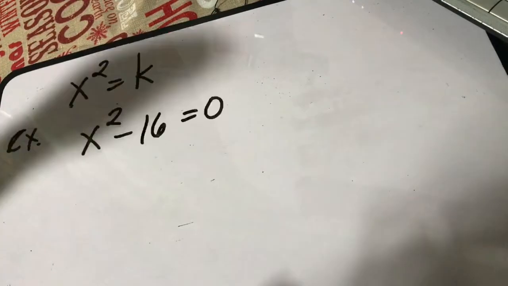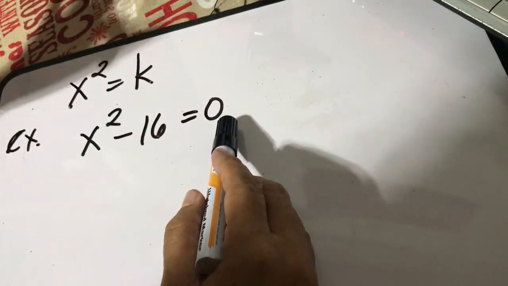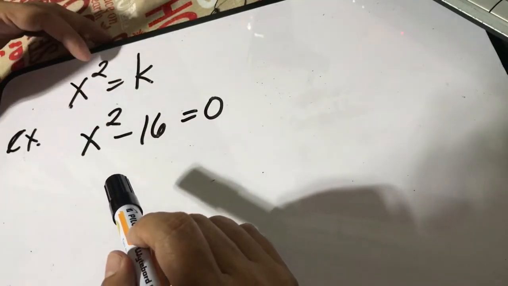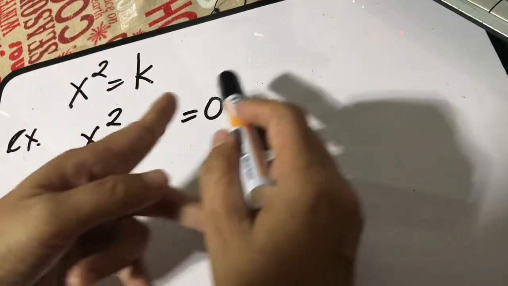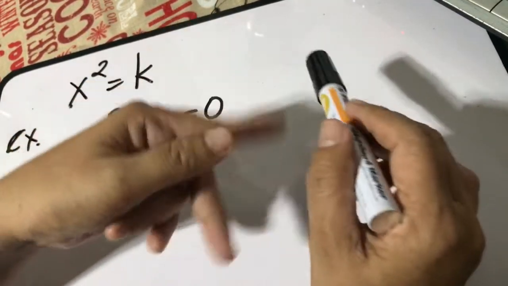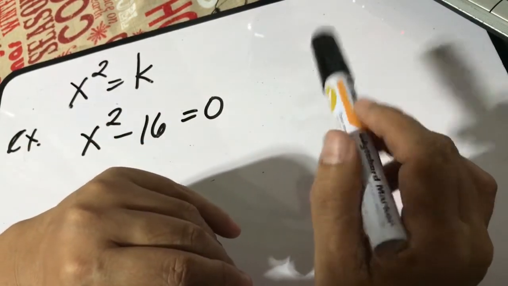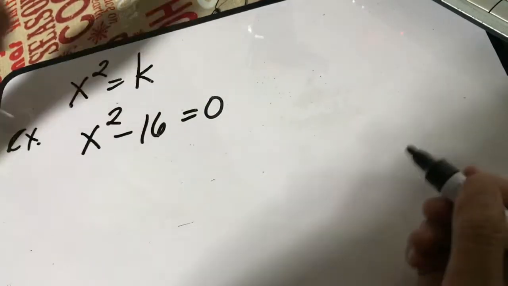Example, x squared minus 16 is equal to 0. So we have to express x squared minus 16 in the form of x squared equals k. So yung 16, which is k, kailangan ilipat natin sa kabilang part ng equation. So papaano natin gagawin yon? So x squared minus 16 equals 0.